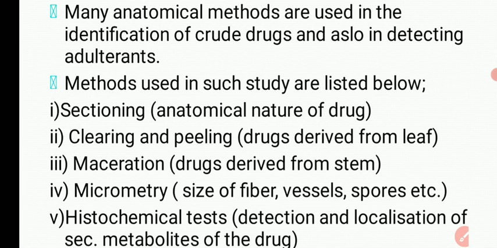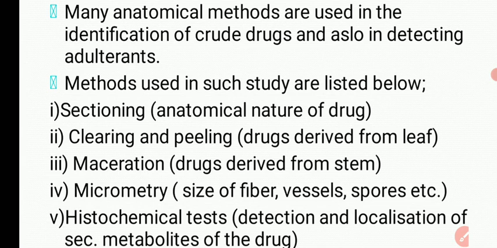Third method, that is maceration, is generally practiced for drugs derived from stems, woods, and bark, and the macerated material so procured can be used to study stone cells, fibers, and xylem vessels, etc. With the help of micrometry techniques, the size of fibers, vessels, spores, etc. can be measured to know the reliable source of the drug.